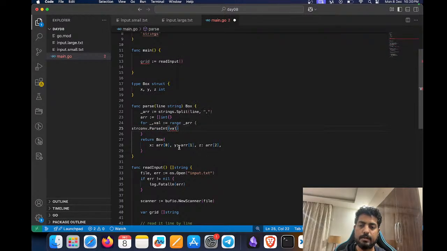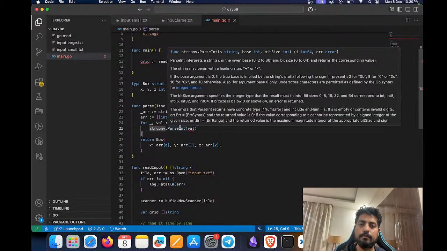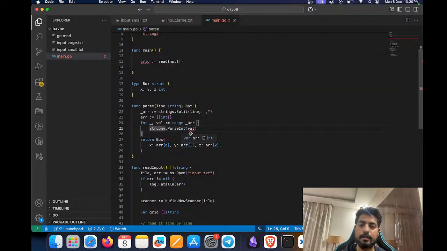I don't know if these numbers are positive, but they can be negative also. It shouldn't matter to our algorithm. And this will give us base int bit size 0.